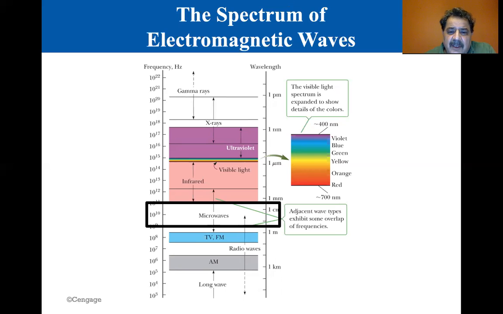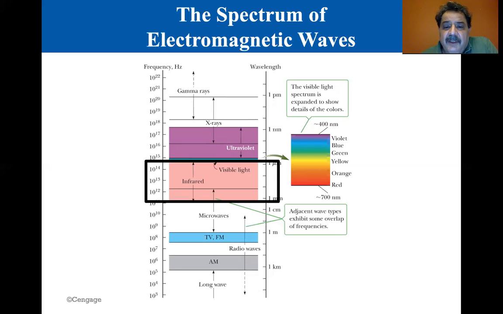Microwaves. I don't really know why they're called microwaves when the micrometers are still quite a bit up the chart, but they call it microwaves. Then we get into the infrared, just below the visible light.